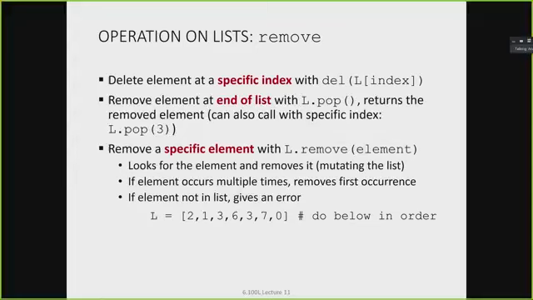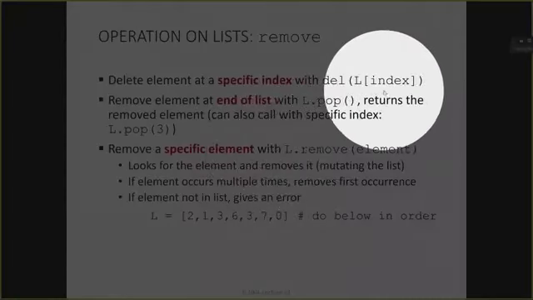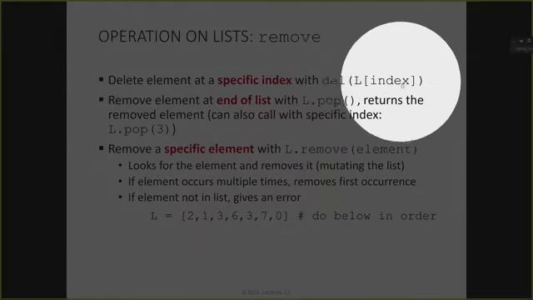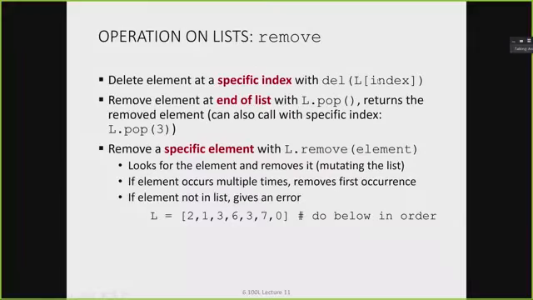So one option for removing an item from a list is if you know the index of the item you want to remove. Like you want to remove the very first one in the list, or the last one in the list, or the halfway point, or something like that. You can tell Python to remove the item from list L at a particular index with this function del, and you pass in L at whatever index you want to remove.